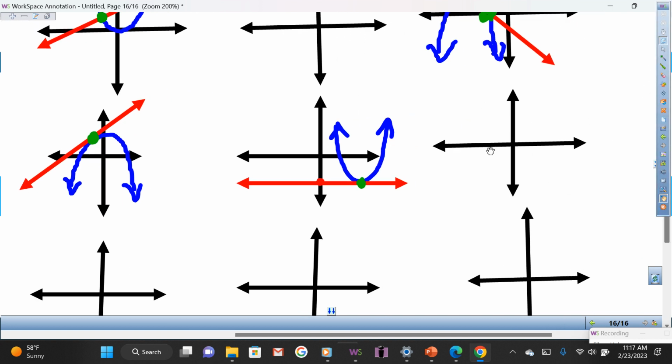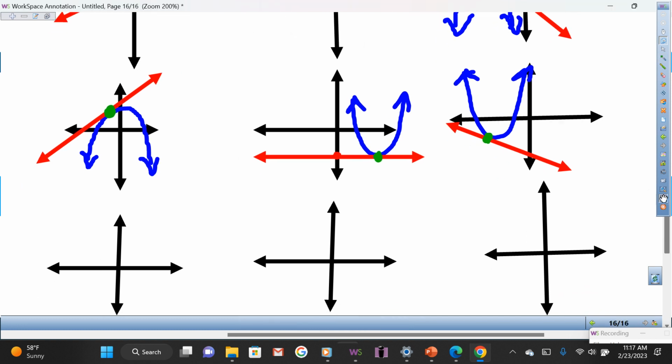And you make up one, please. Make up one with only one solution, please. I'm going to make one with a negative slope. One solution. All right, let me zoom out.